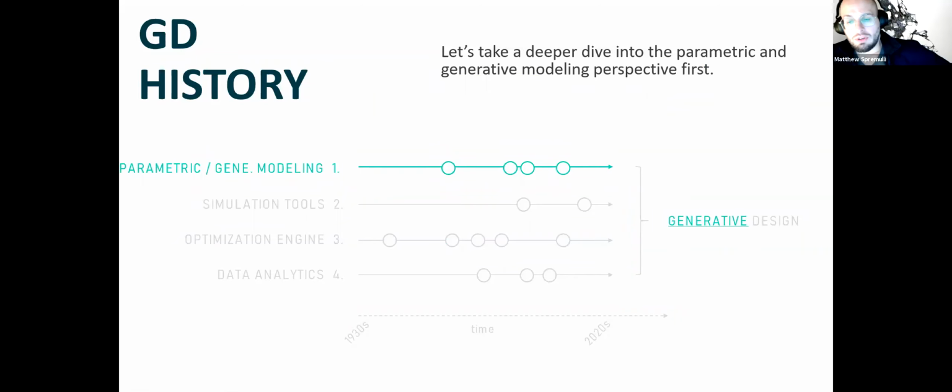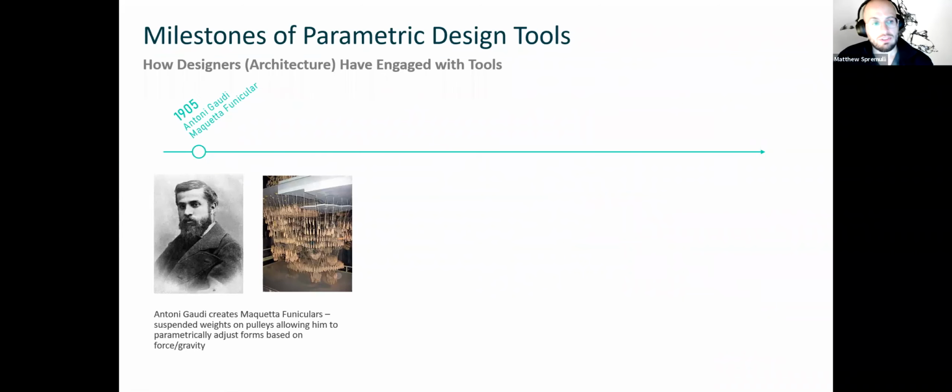The parametric modeling history can stretch back, in analog and physical forms, to 1905 with Antoni Gaudi's funicular maquetas. These are physical models that helped him, like a Grasshopper script or a Dynamo graph, pull on the different forms and see the impact with these pulleys and weights.